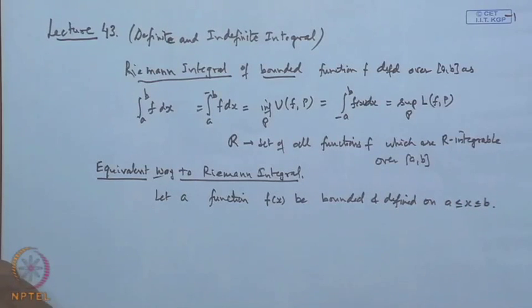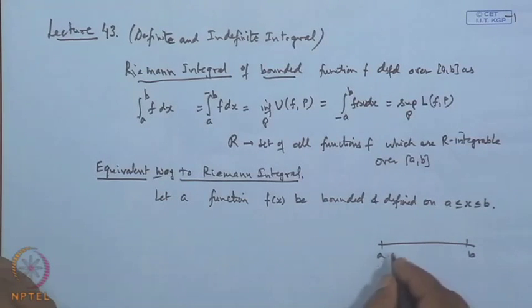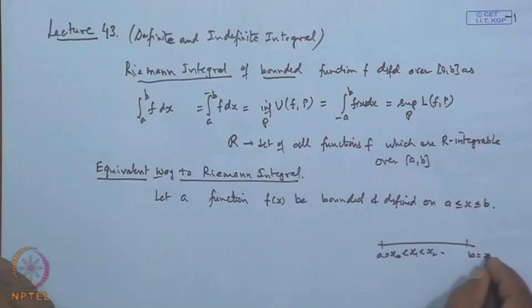Then partition this interval [a, b] into subintervals by introducing the points x1, x2 and xn is b.